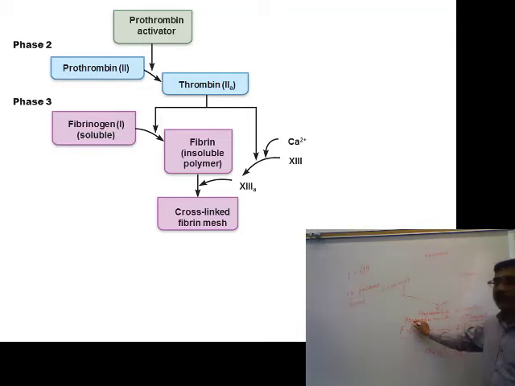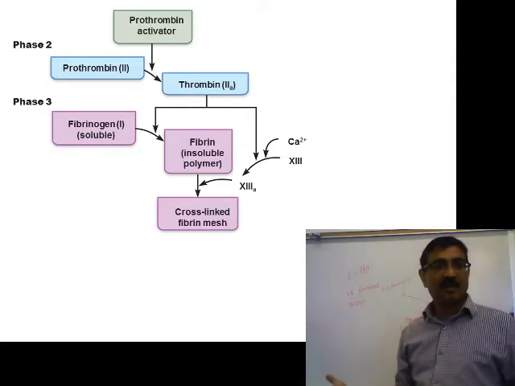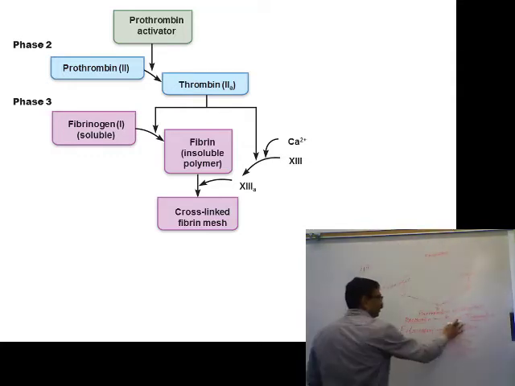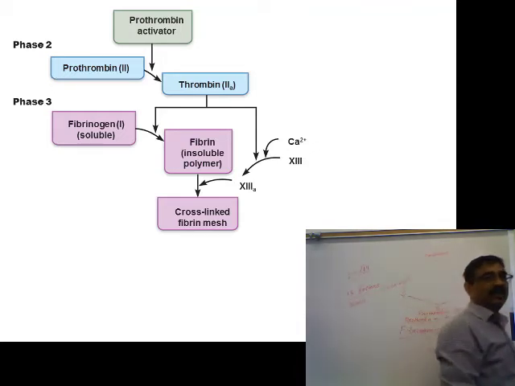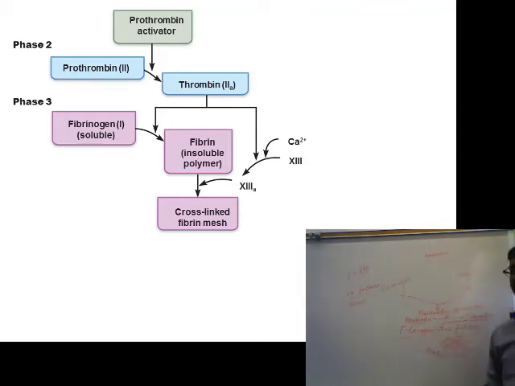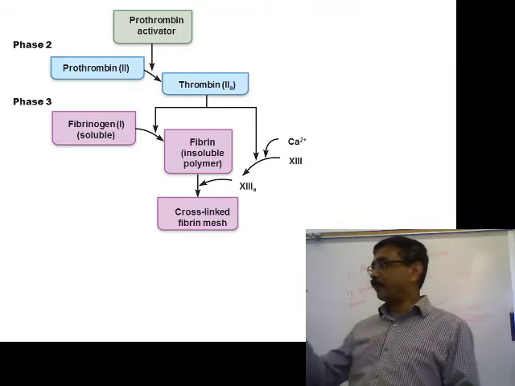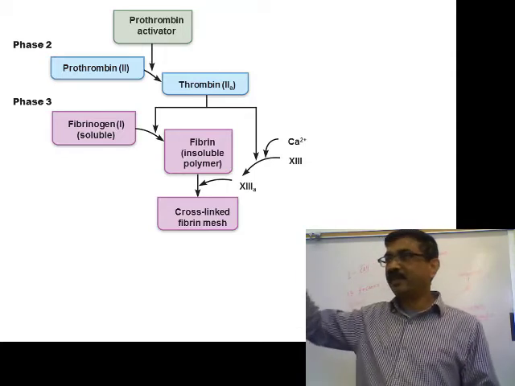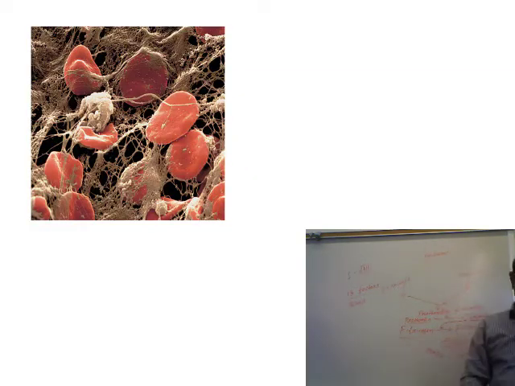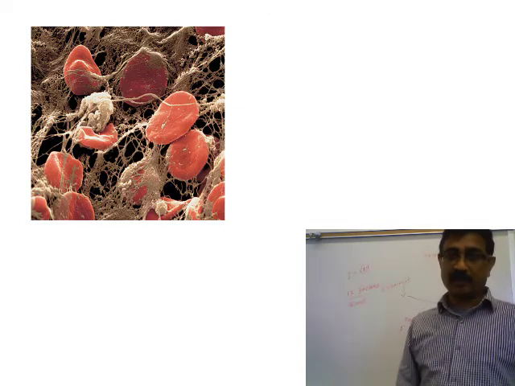Who converts the inactive prothrombin to active thrombin? Prothrombin activator. Is it clear? Okay. Then what does thrombin do? Thrombin converts the fibrinogen to fibrin. Thrombin is active and it converts the plasma protein fibrinogen to fibrin threads, and then fibrin threads will form the mesh. Okay, so that is the process of coagulation.